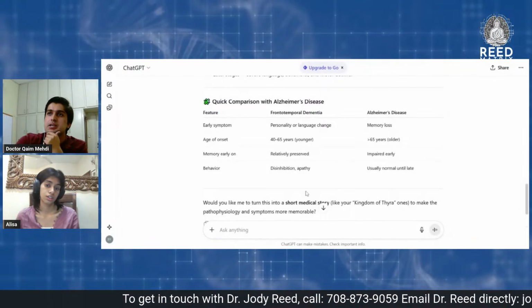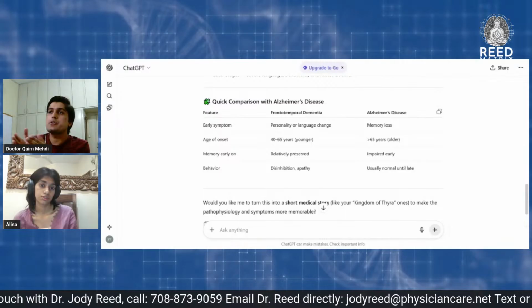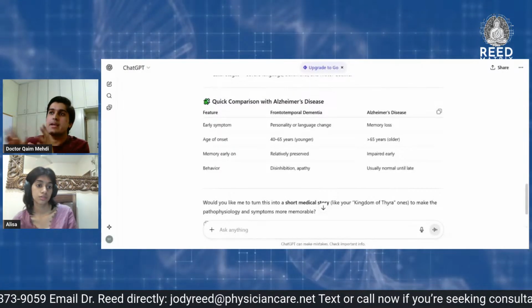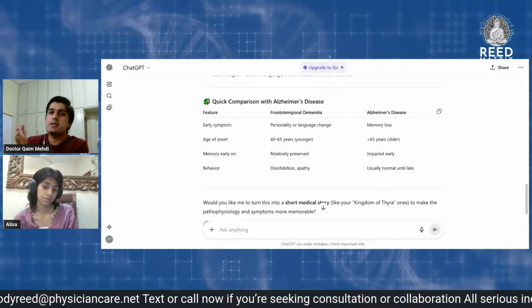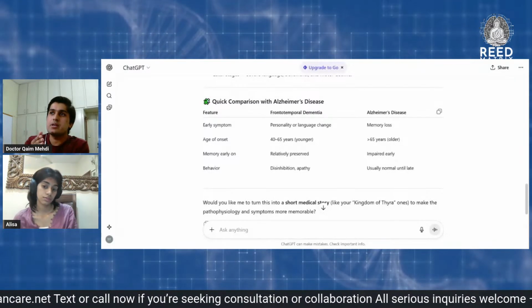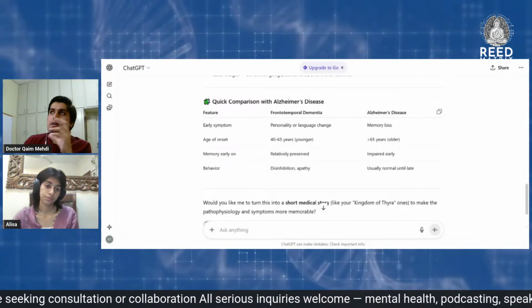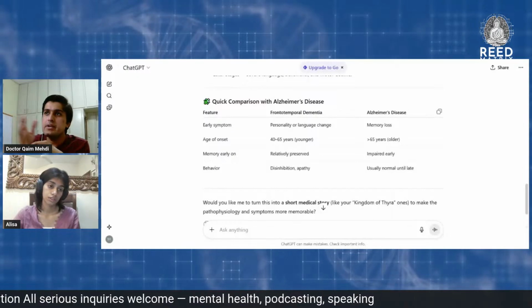Then ChatGPT compares frontotemporal dementia with Alzheimer's disease because many symptoms correlate in both of the diseases. So how will we differentiate between Alzheimer's disease and frontotemporal dementia? Those MRI and CT scans I showed, atrophic changes will be the same in both of the diseases. So how can we differentiate?